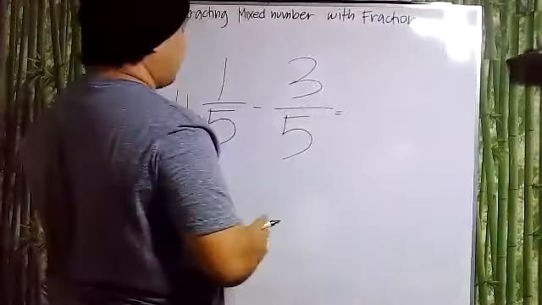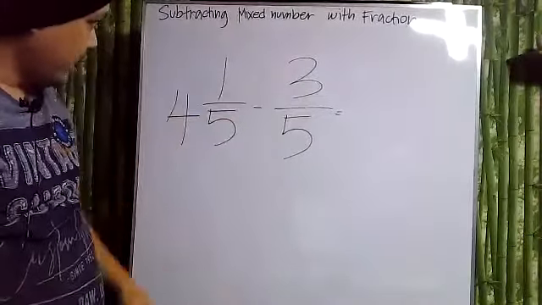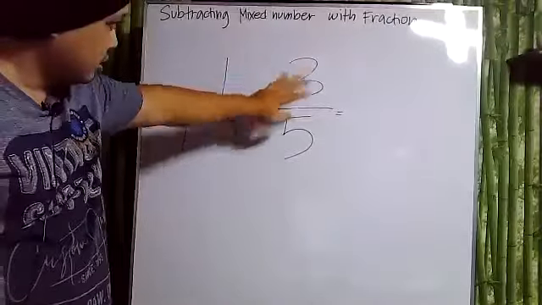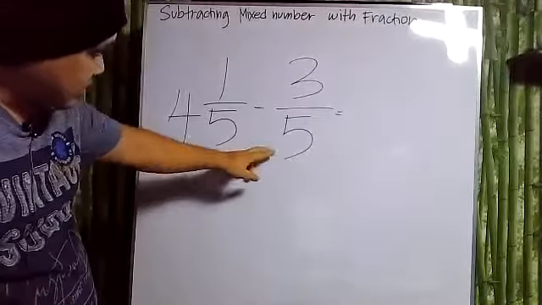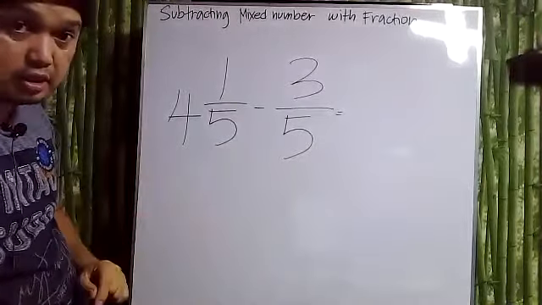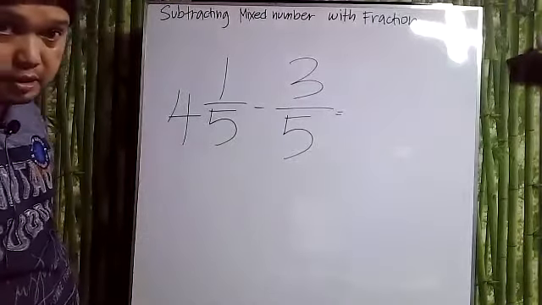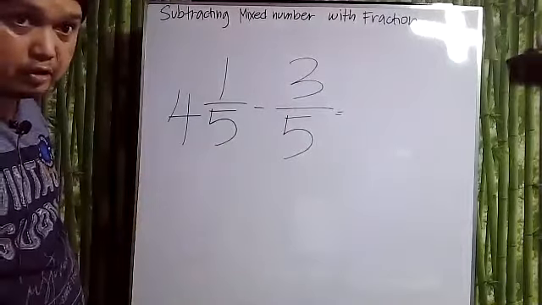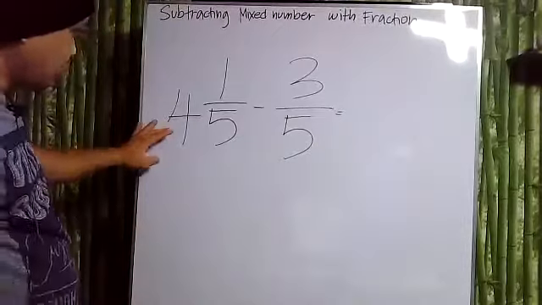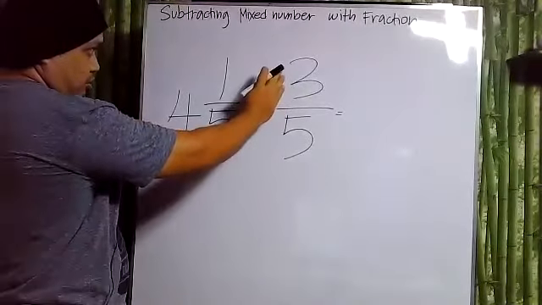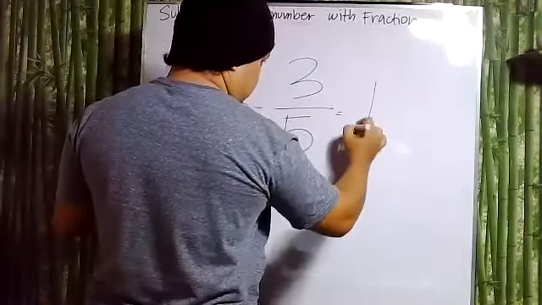Now we are subtracting a mixed number with a fraction, and the fractions are similar because they have the same denominator. Now the same process to answer this, just subtract the whole numbers and subtract the fraction. So to answer this, let's subtract first the whole number. 4 minus nothing, because there's no whole number here. So for our whole number, there is 4.